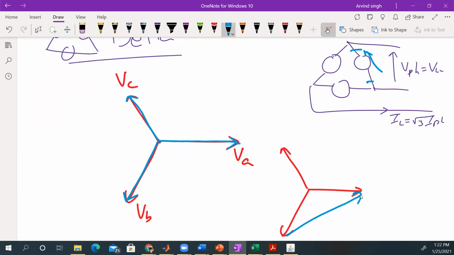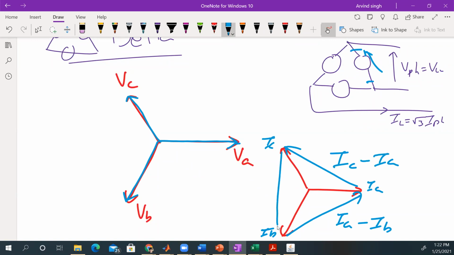We'll get IA minus IB, IC minus IA, and then IB minus IC here, which would give us the line currents IA line, IC line, and IB line.